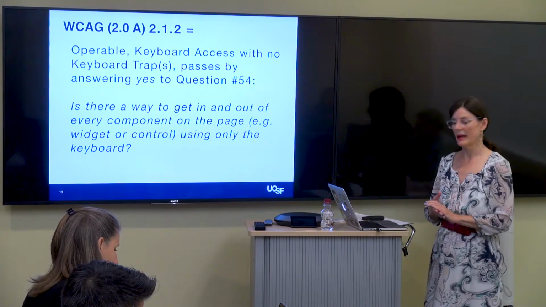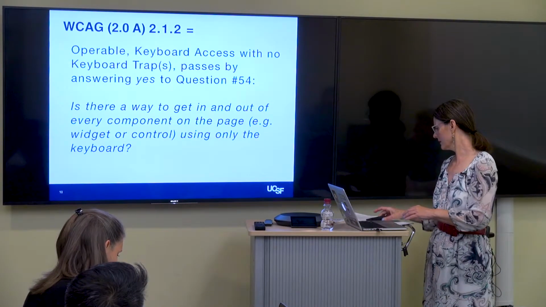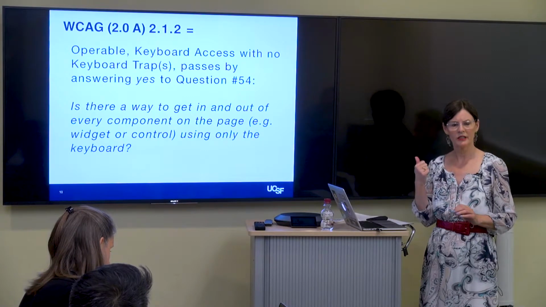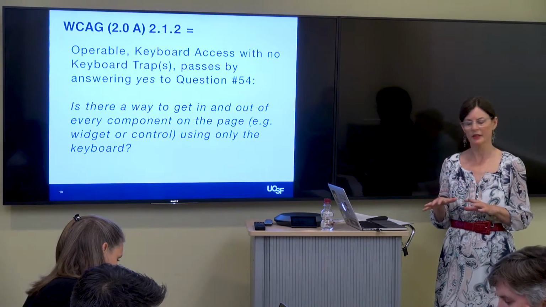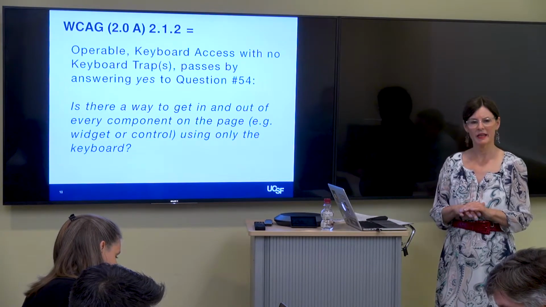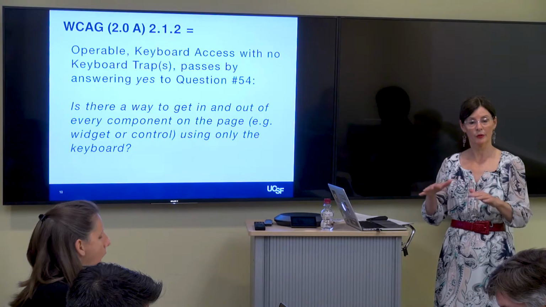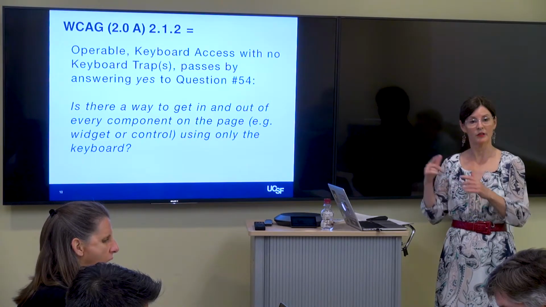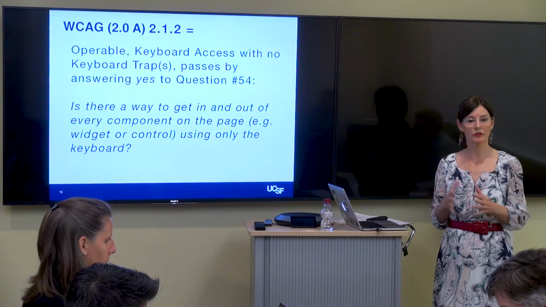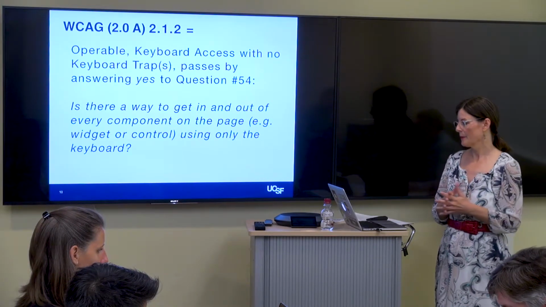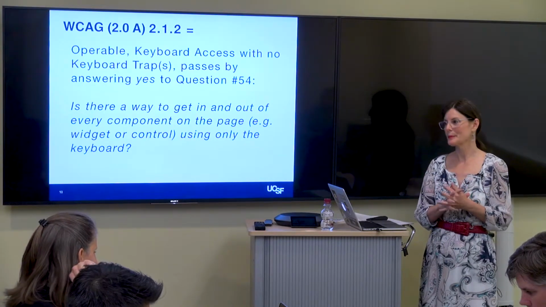There's a lot of information on the web demonstrating all the different manual tests. But it's basically not using your mouse, using the keyboard, and going through: can you get to the drop-down menus, can you get to this, can you do that, with just the keyboard. And if it's well constructed, you should be able to. So that is WCAG. Does that make sense?